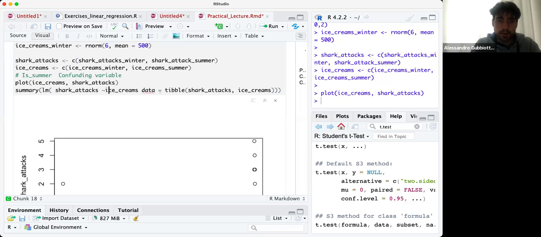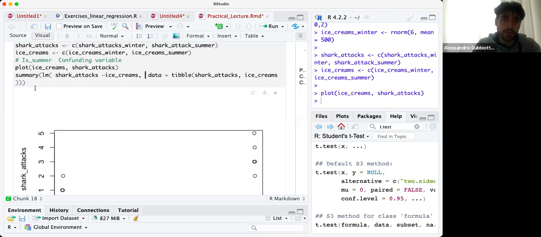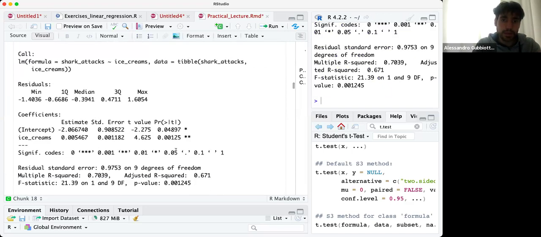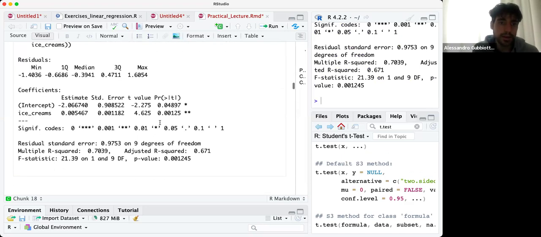So we try to predict shark attacks using the ice creams. The data is the one I plotted below, and you see that it is significant actually. So there is a correlation.